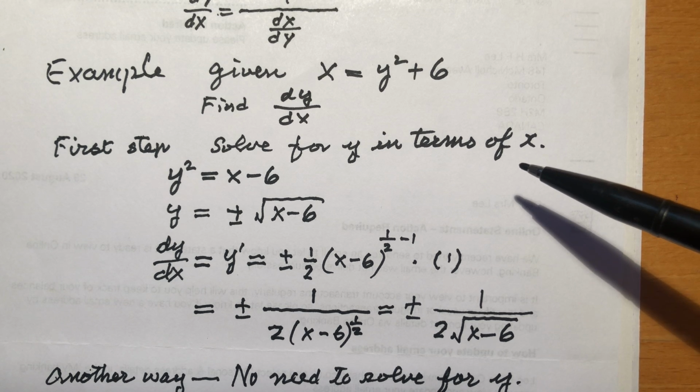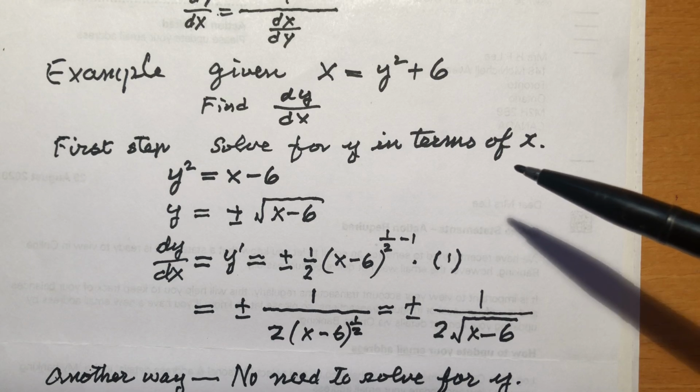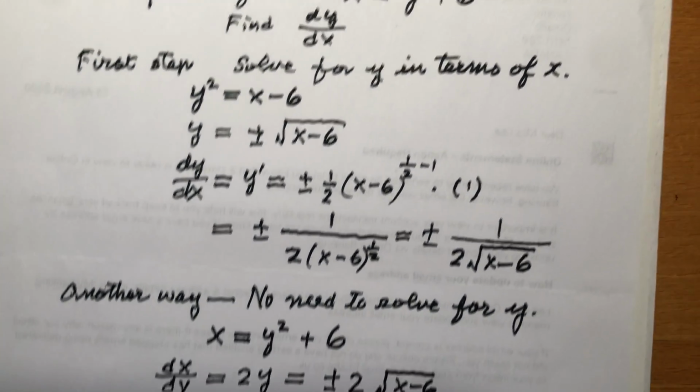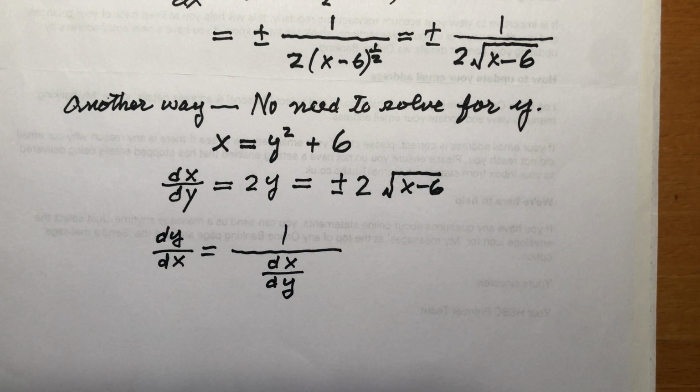But sometimes it is not possible to solve for y in terms of x. Then you just do this way. Remember, sometimes it's not possible to solve for y in terms of x. Let's have an example to see that it is impossible to solve for y.